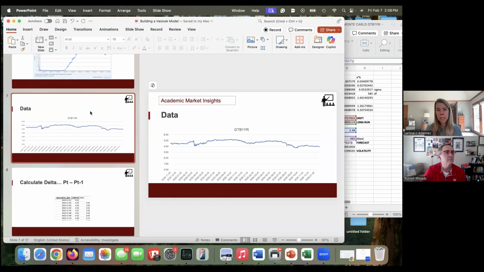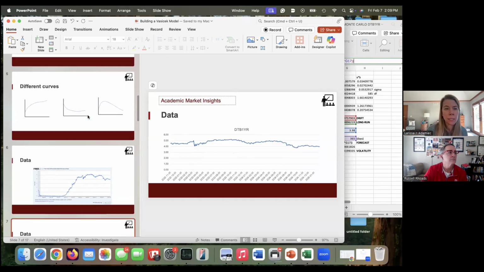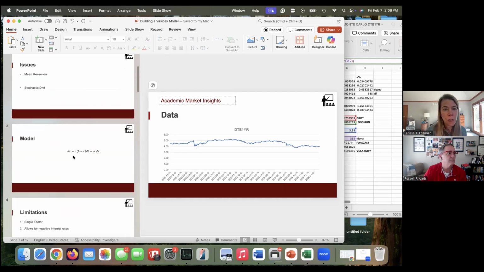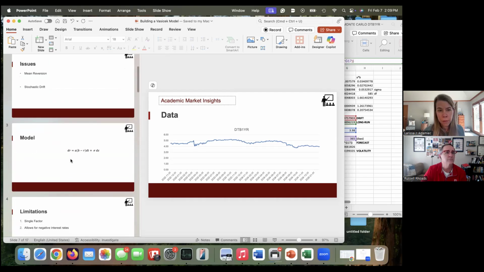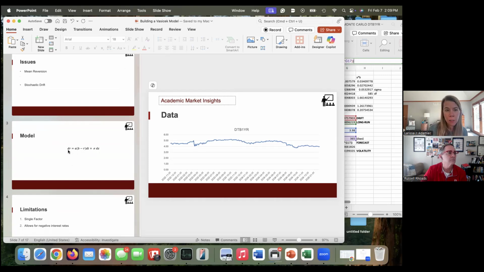So the data that we're looking at is just this, November 22 through the present. We are going to use the LINEST functionality within Excel to calculate our coefficients, A and then A minus B. Once we have that data, we're then going to predict our interest rate going forward.